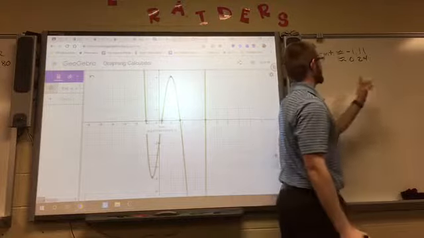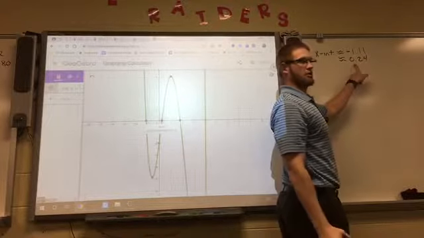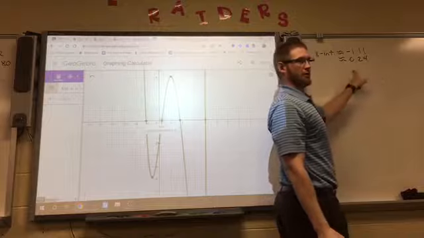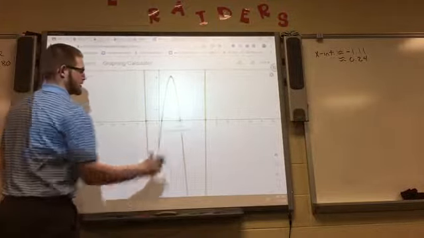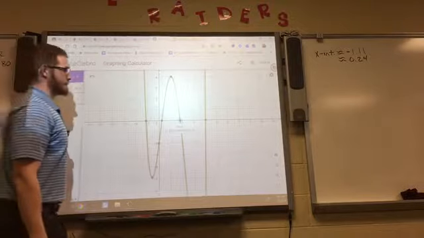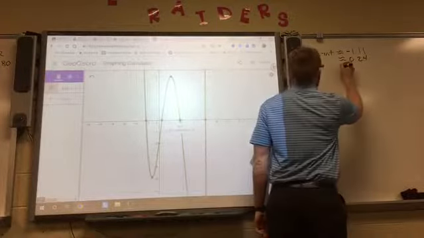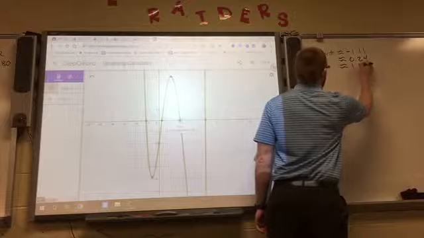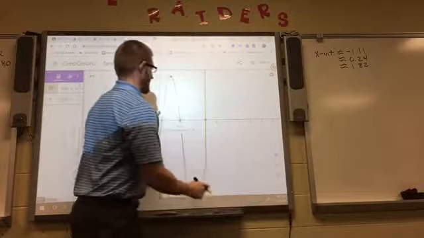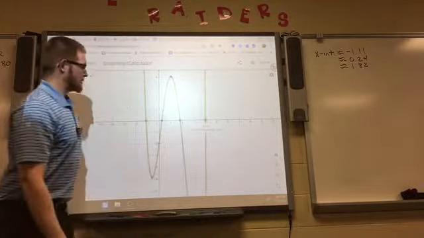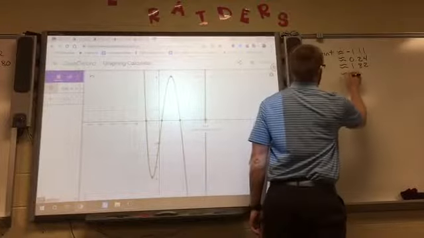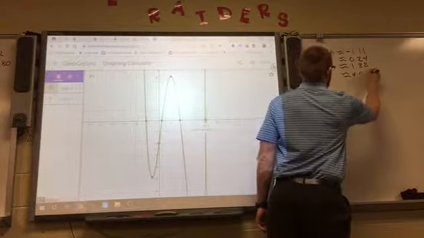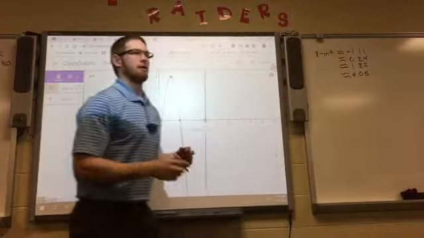When you do this in Big Ideas, if that's a 0, make sure you put 0. If you just do .24, it'll count it wrong. Okay. It's got to be 0.24. The next one, approximately 1.82. And the last one, approximately 4.05. Again, those are all the x values of my intercepts.